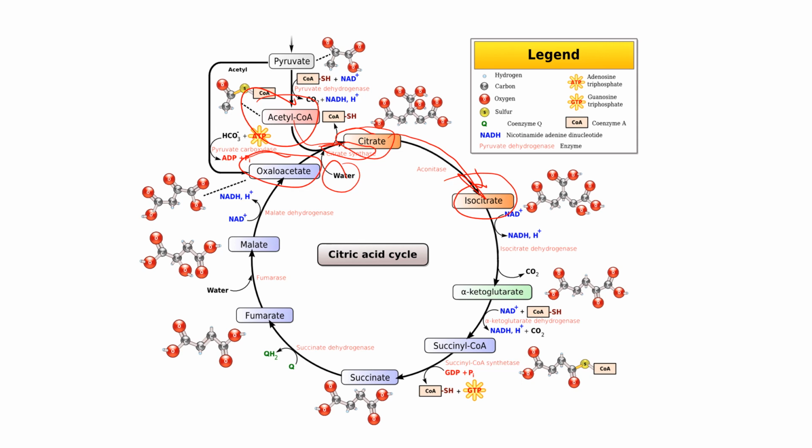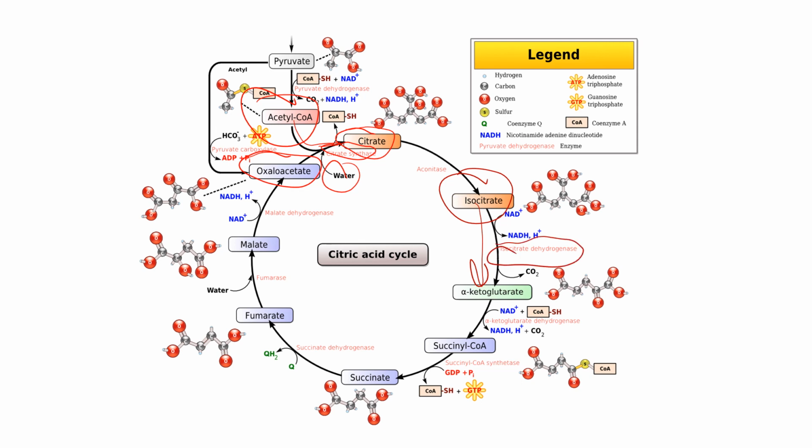Isocitrate, this is an important reaction, clearly, if you can see NAD there. Isocitrate is going to get converted into alpha-ketoglutarate by this enzyme isocitrate dehydrogenase.